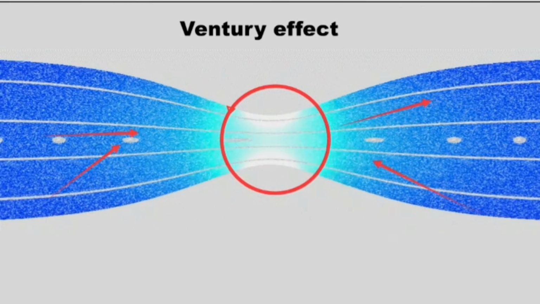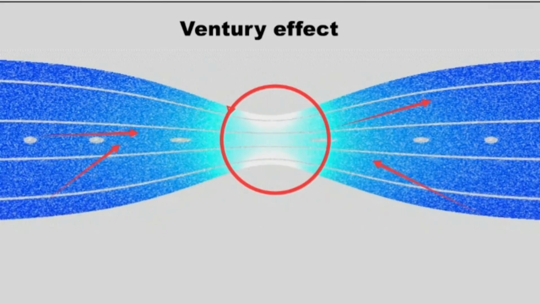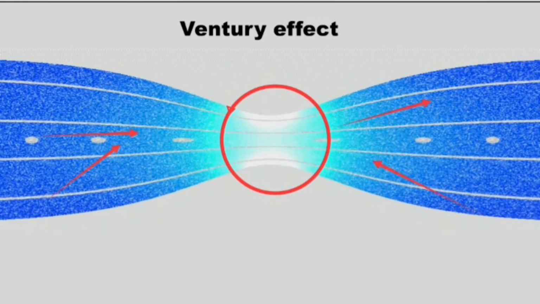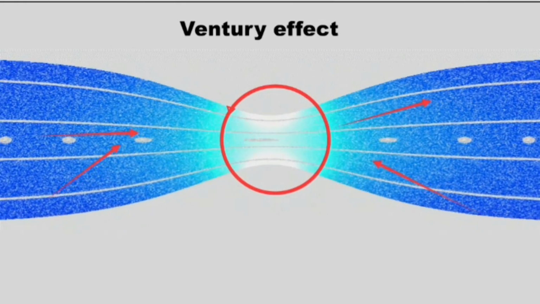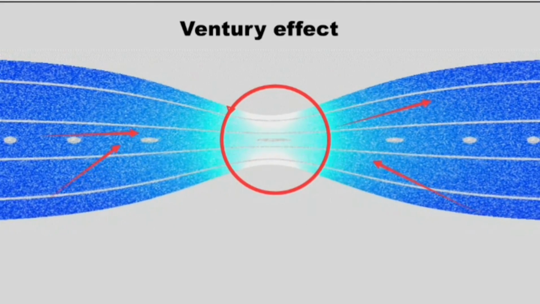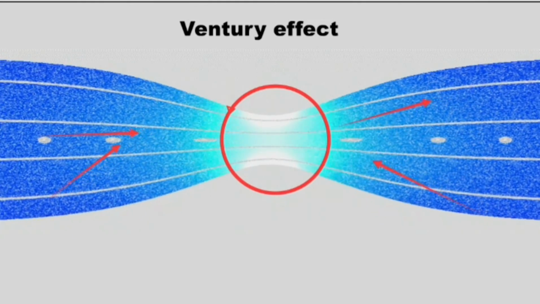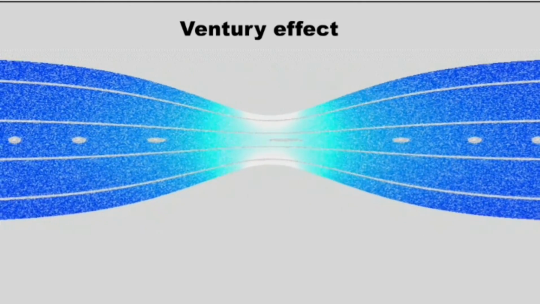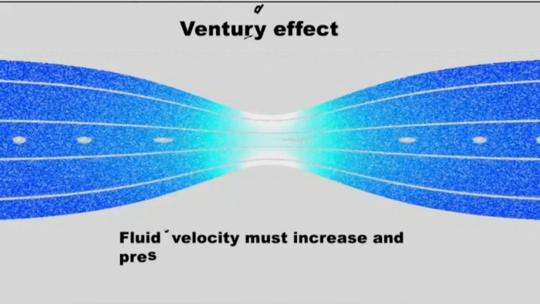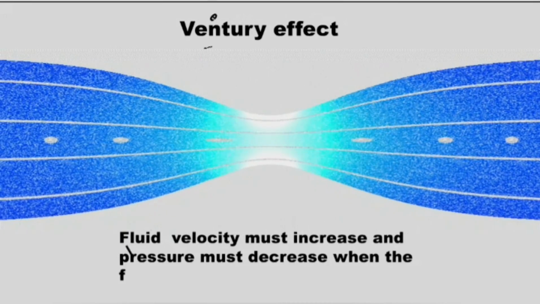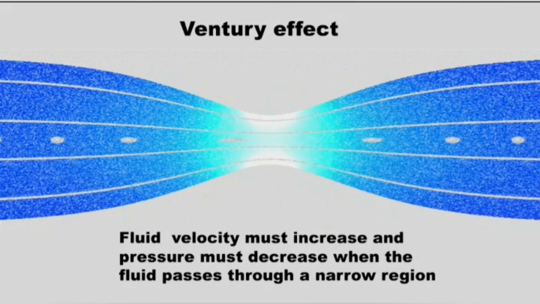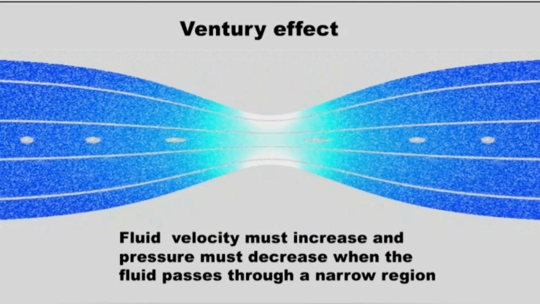The speed of the fluid entering the narrow region increases because of the Venturi effect, to balance the total mechanical energy. So the fluid velocity must increase and pressure must decrease when a fluid passes through a narrow region. This is the Venturi effect.